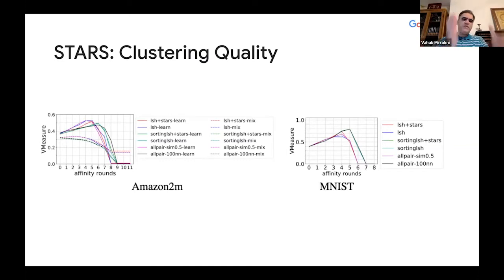For most of the applications we have, if we fix an LSH technique and then amend it with the two-hop neighborhood version, the quality of the clustering from the original LSH technique, which is much more costly, compared to solving the clustering problem on the two-hop neighborhood, is very comparable. So there are different pairs of algorithms here where the quality is very similar. That's also reported in the paper.